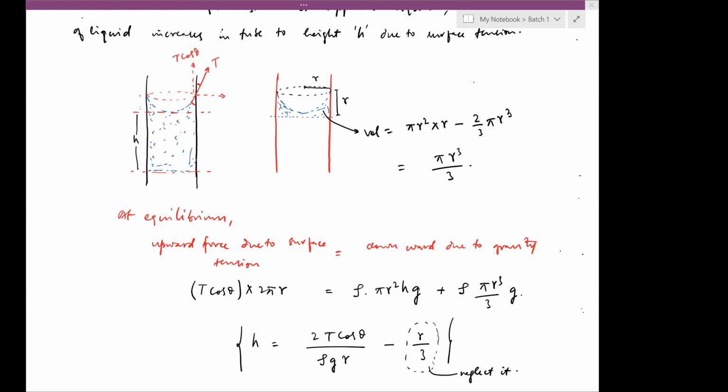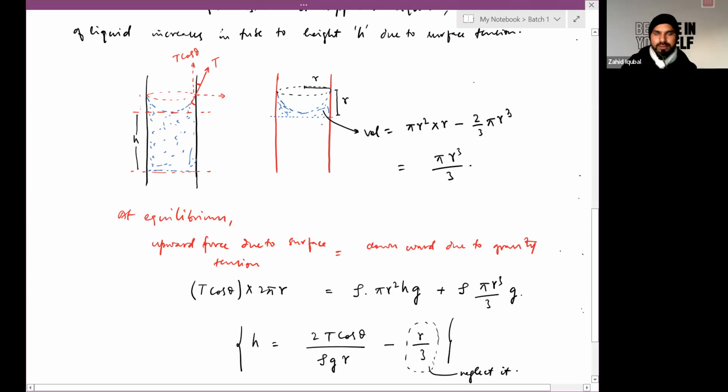So, sir, while calculating height, we don't have to subtract r by 3, right? I have just calculated the above part as well as the whole bottom part, but for your calculation, you may neglect this upper curve portion. So r by 3 we can neglect.